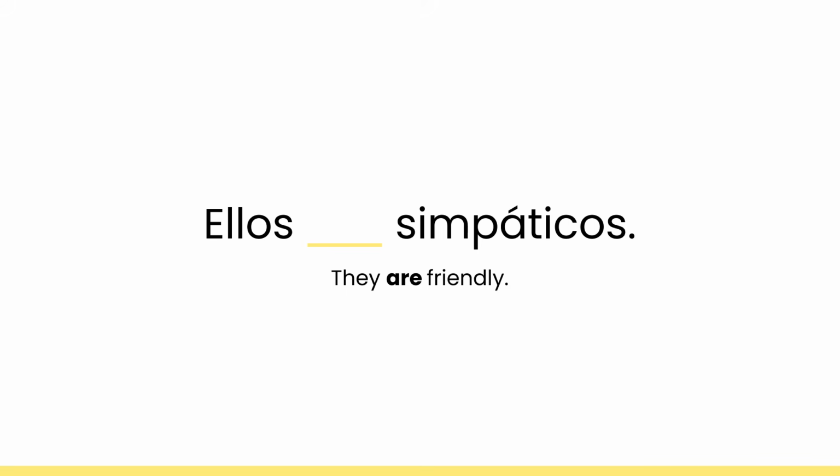So ellos, simpáticos, they are friendly. Simpático means friendly. Simpático, with the accent on the A. So not simpático, but simpático. Ellos simpáticos. And this becomes Ellos son simpáticos. They are friendly. Or Ellas son simpáticas.